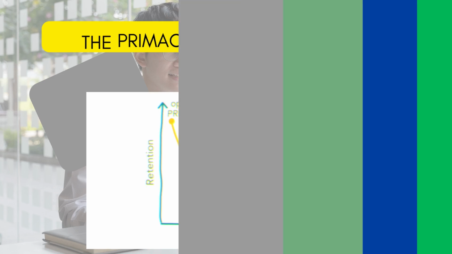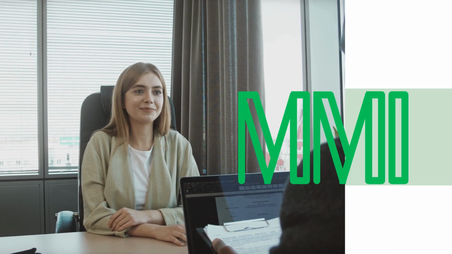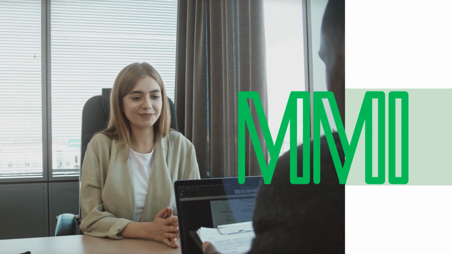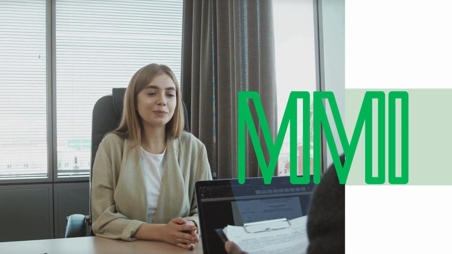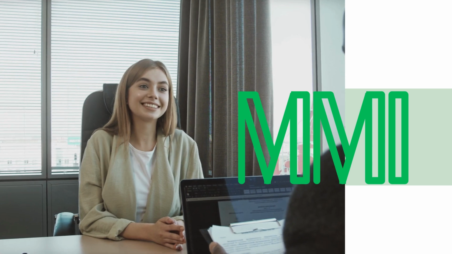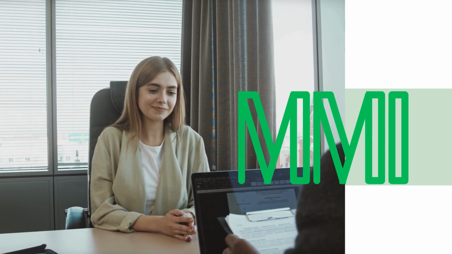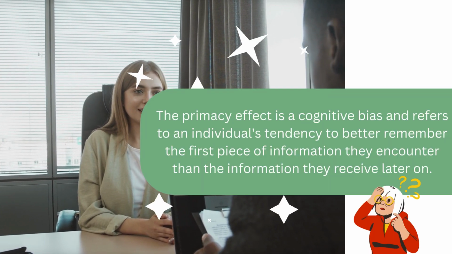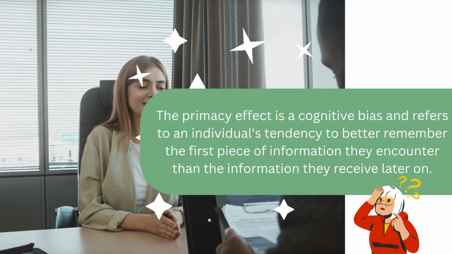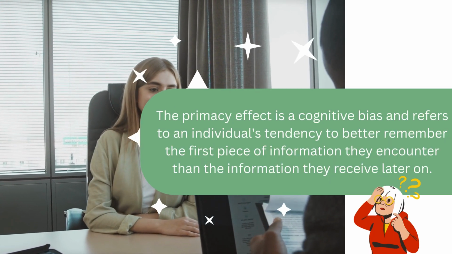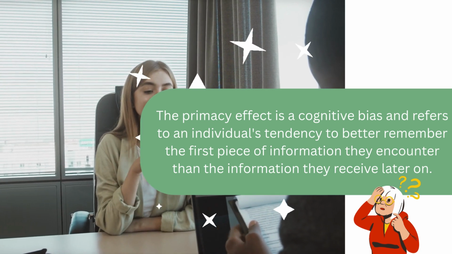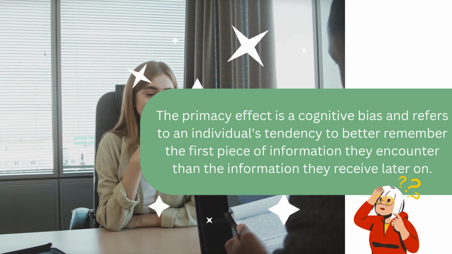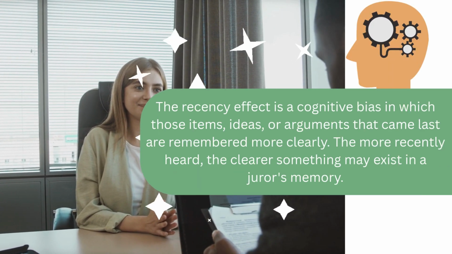If you're preparing for MMI and you're concerned about how you create that lasting impression on the examiner, then this psychological principle can really make a difference. The primacy effect and the recency effect mean that people remember the first and last thing that they hear the most.